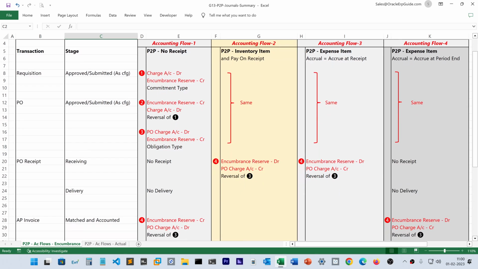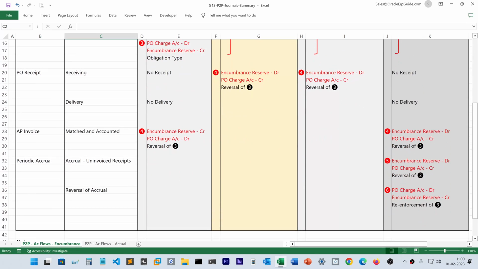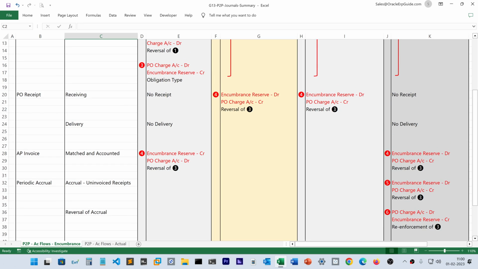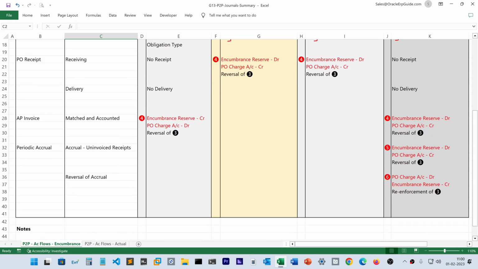And at this stage, there is no encumbrance in the system, as the only encumbrance here we had was from the PO. In accounting flow 1, the encumbrance got reversed at the stage of AP invoice matching and accounting, whereas in accounting flow 2, it is getting reversed at the time of receiving of the item. Let us move on to the actual. Below this, there is nothing.